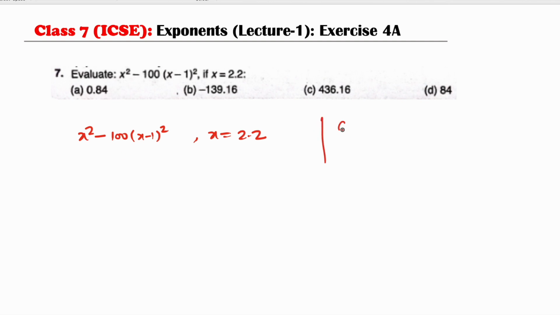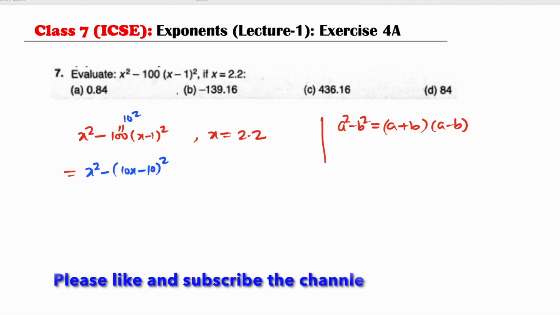That is the a square minus b square formula, that is a plus b into a minus b. So here, first we merge these two powers. This is written as 10 to the power 2. So this is x square minus 10x minus 10 to the power 2. Now the base is merged because the power is the same.